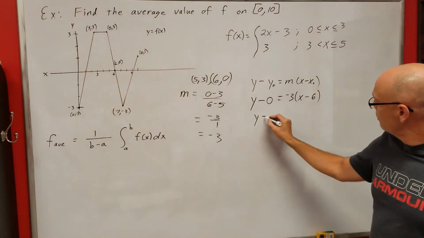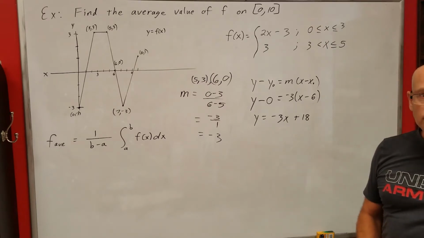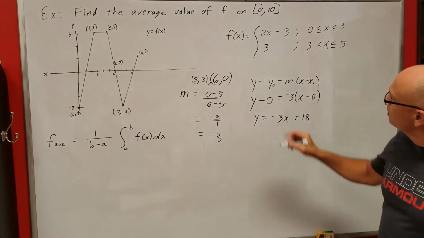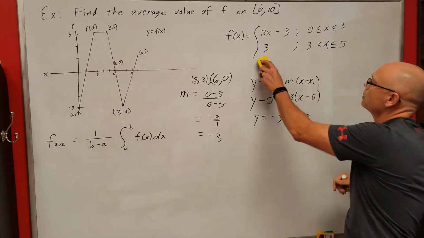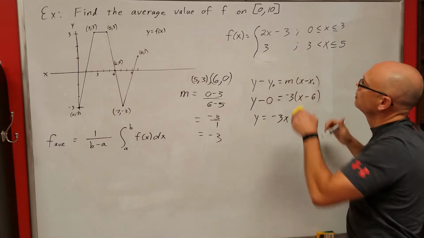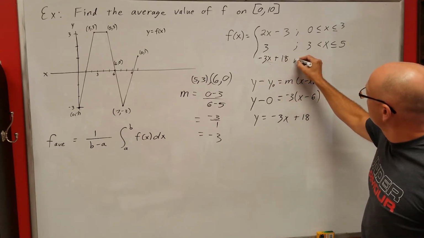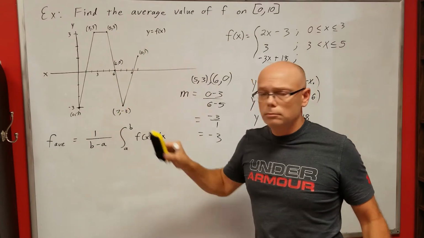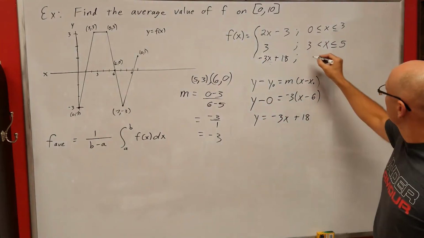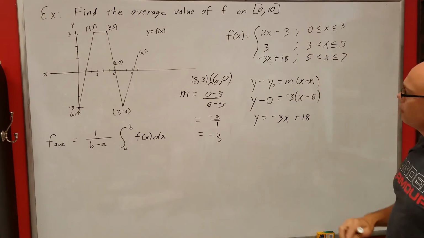So what does this give me? y equals -3x plus 18. So f of x is equal to -3x plus 18 for which x values, between 5 and what? 7, right? When x is between 5 and 7.